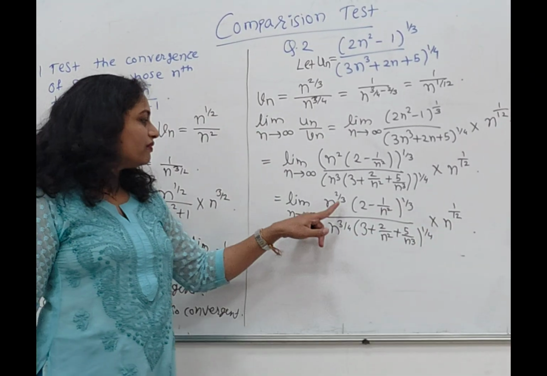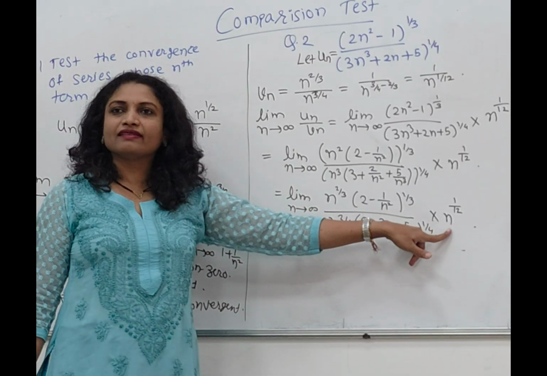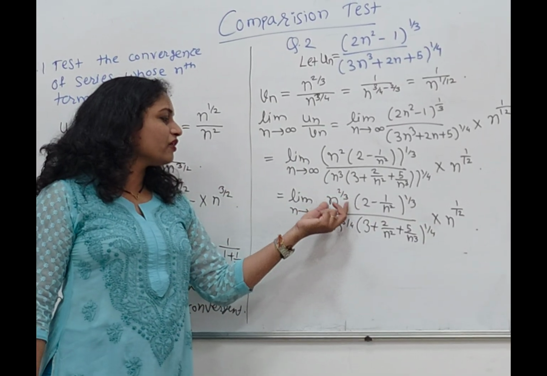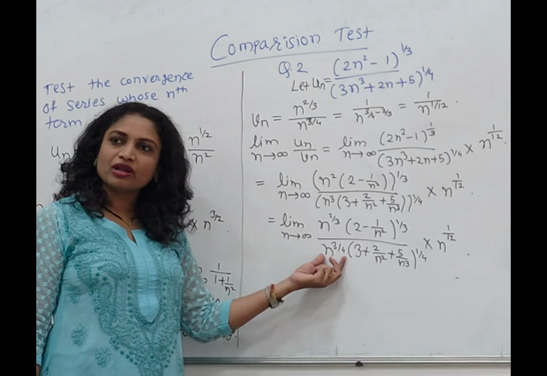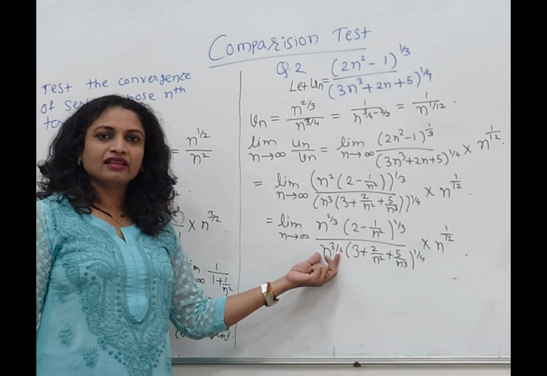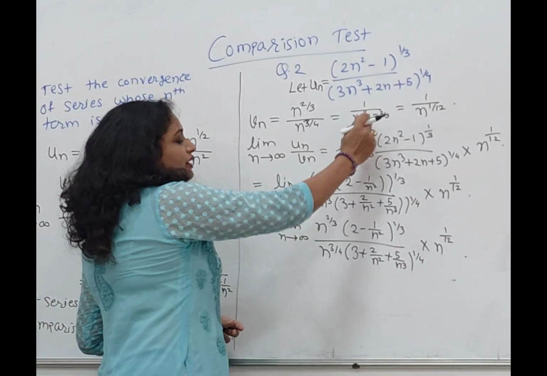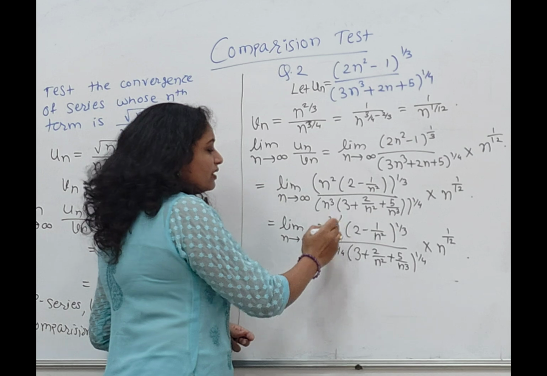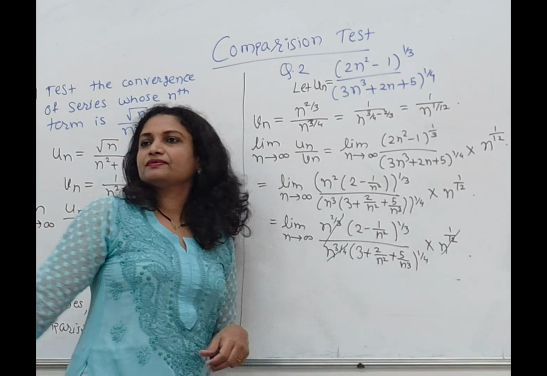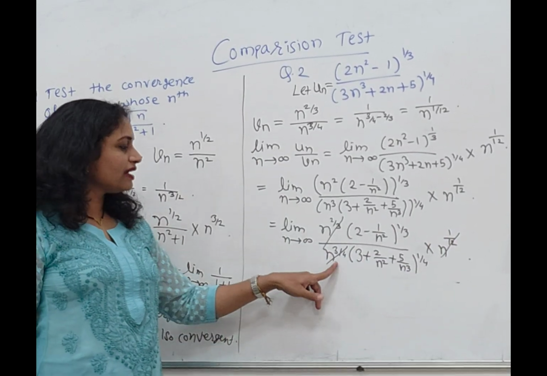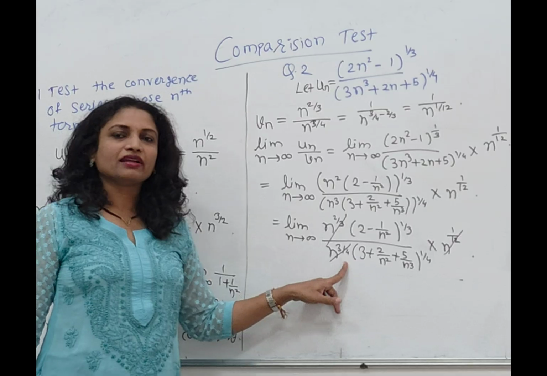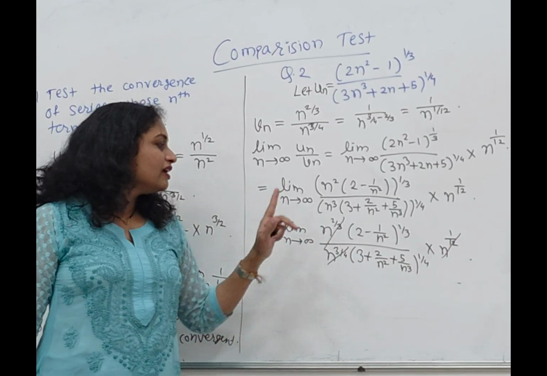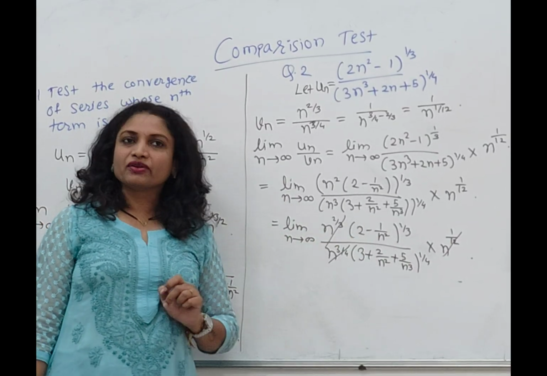Now you can observe this and this will get cancelled, because you are going to get n raised to 1 by 12 in the denominator, right? Because we got it from that only. So this will get cancelled with this. Now put the limit n tending to infinity.